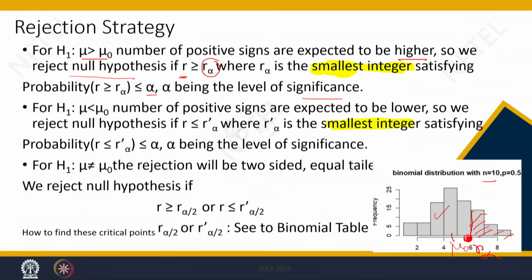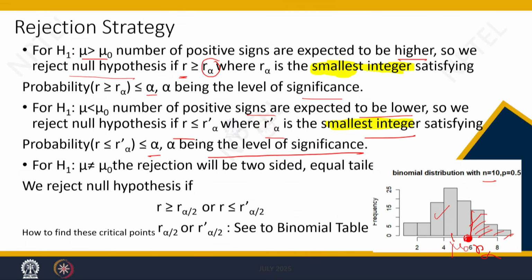Similarly, for H 1: mu less than mu 0, the number of positive signs is expected to be lower. So, we reject the null hypothesis if r is less than or equal to r alpha prime, where r alpha prime is the largest integer satisfying probability r less than or equal to r alpha prime is less than or equal to alpha, alpha being the level of significance. One can fix alpha at 0.05 or at 0.01, and so on.